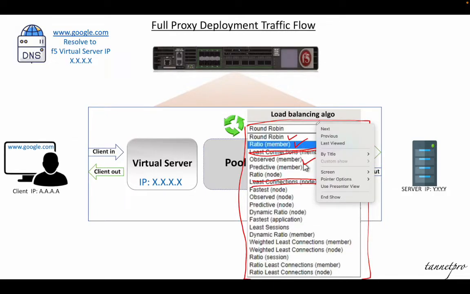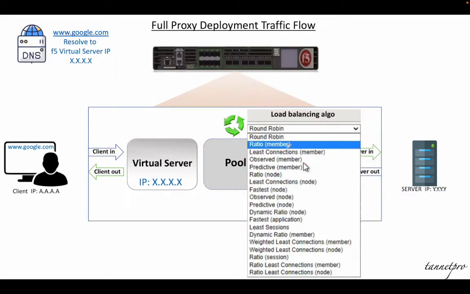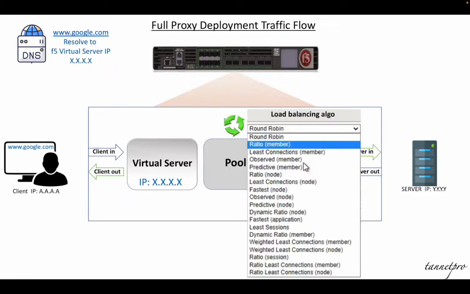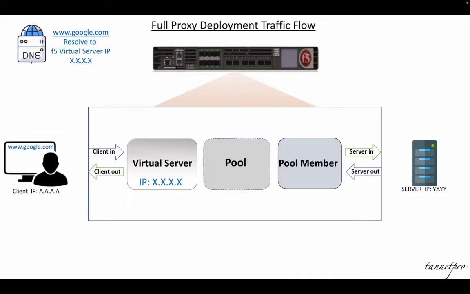Yes, so here I will give an example for the ratio based, right, or round robin. So once I configure, just keep in mind, just focus on this part. After this algo, again I am just highlighting this part. You got a packet after resolution, right?